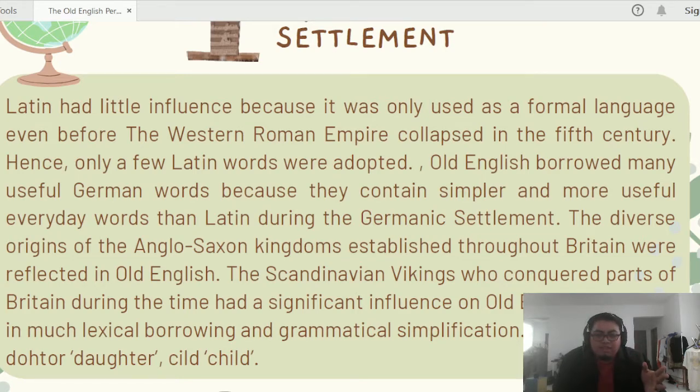To begin with, they must have entered the Celtic speech of the Britons during the Roman occupation, which is 43 to 410. And some might have remained in daily use after the Romans finally left in the early 5th century, so that they were picked up by the Anglo-Saxons in due course.